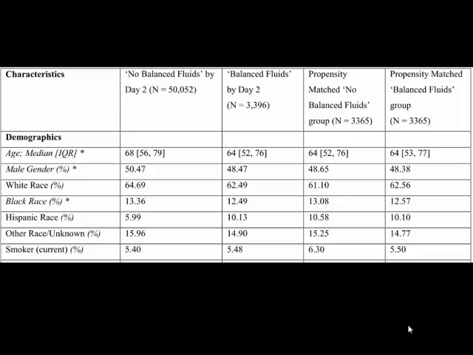Before the match, you see some items that are different. But after the match, when we have the 2 groups, the demographics are the same. There's no significant statistical difference between those two groups after the match.